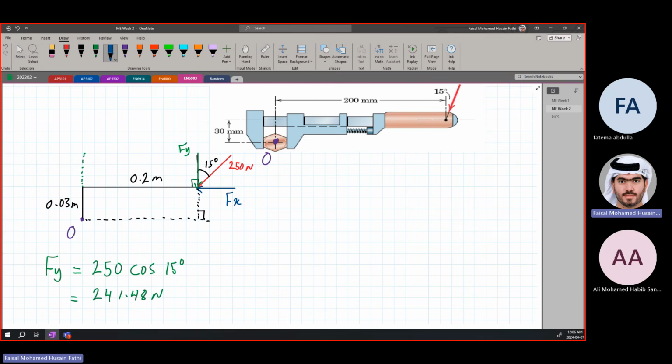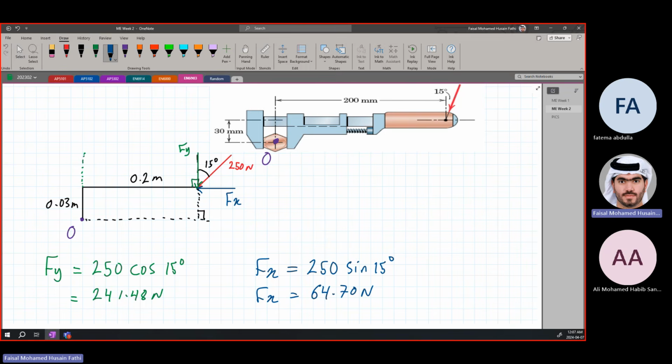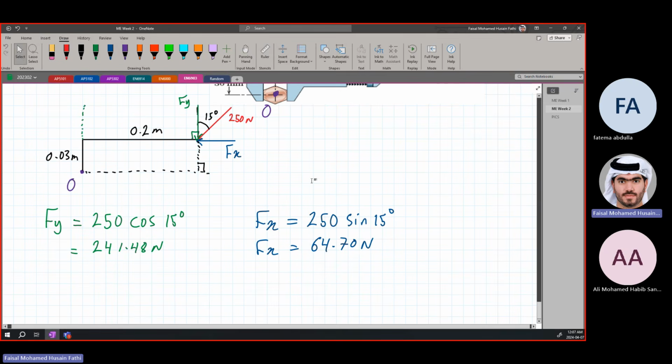And now Fx, we need to find it because it is causing a moment. It's going to be 250. The angle is opposite, so it's going to be sine of 15 degrees. So Fx is equal to 250 sine 15, which is 64.70 newtons. This is the first thing we did. We found our Fx and Fy.